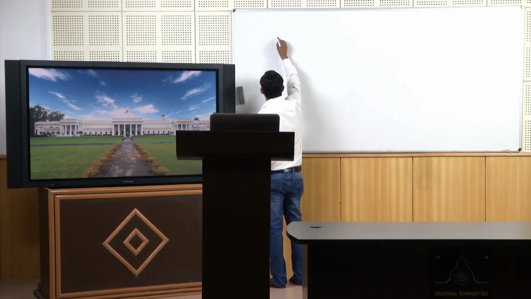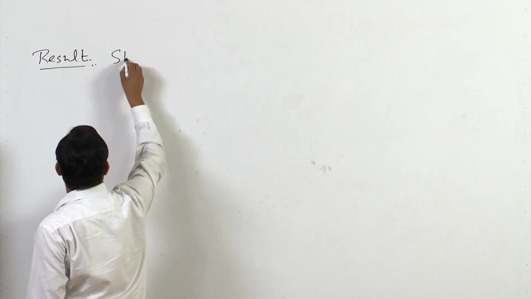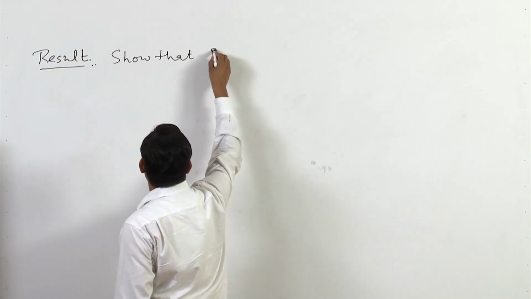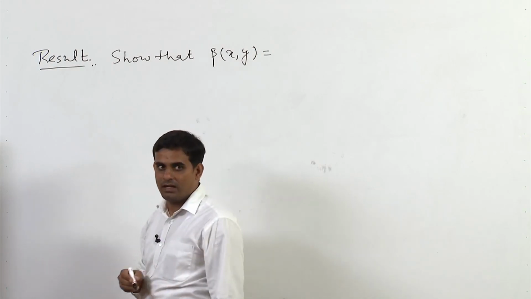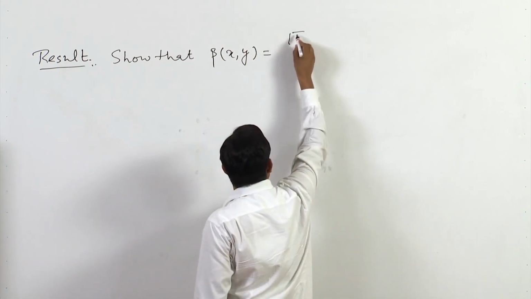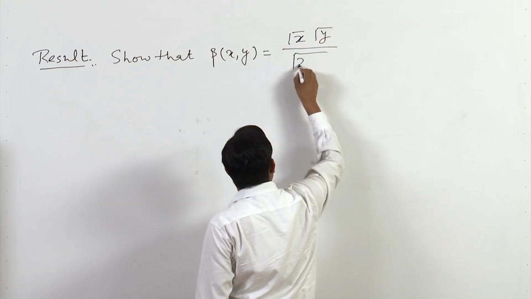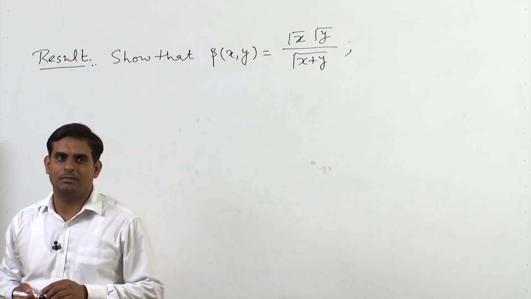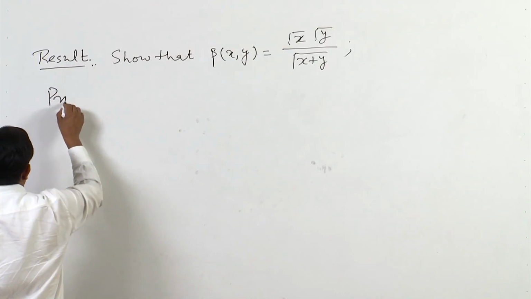So, the result is like that: beta of x y equals gamma x gamma y upon gamma of x plus y. So, this is the relation between beta and gamma function. So, let us try to get this result.